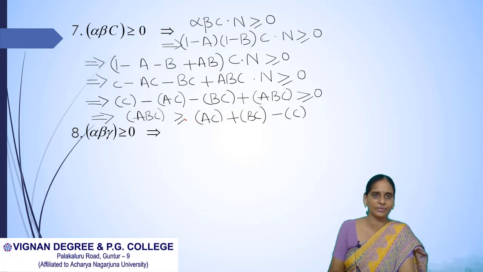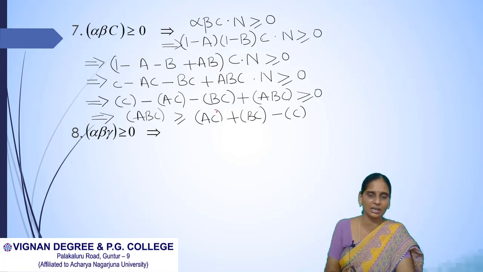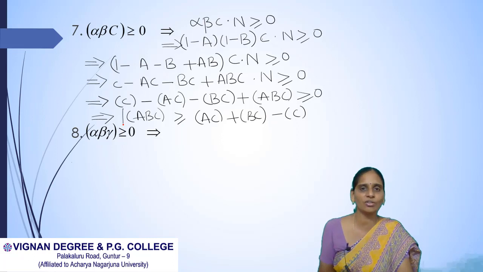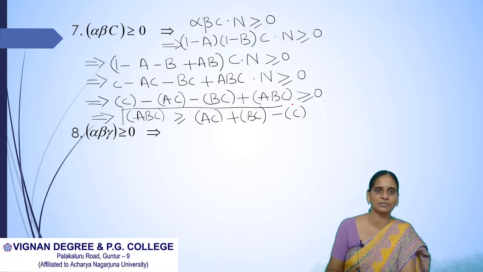We get frequency of ABC is greater than or equal to frequency of AC plus frequency of BC minus frequency of C.